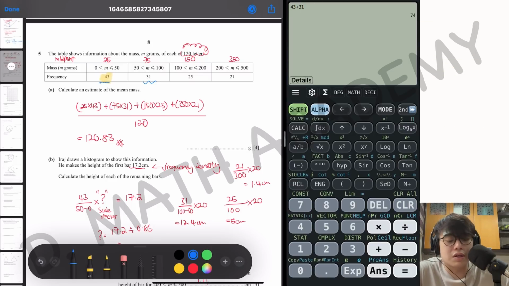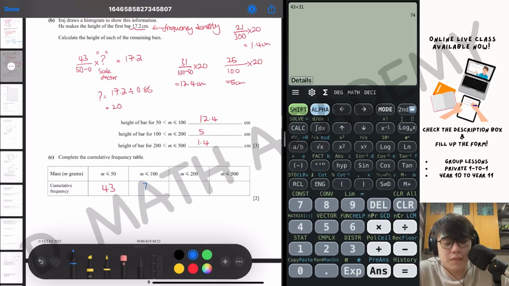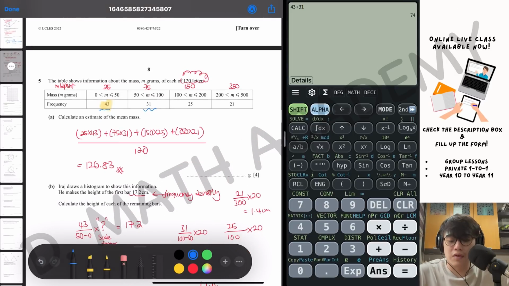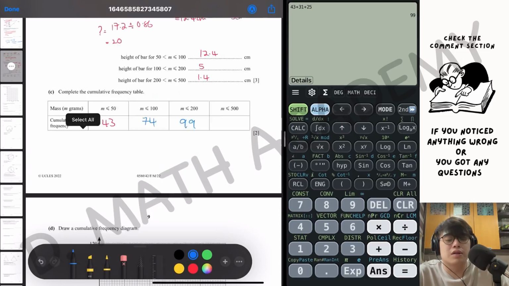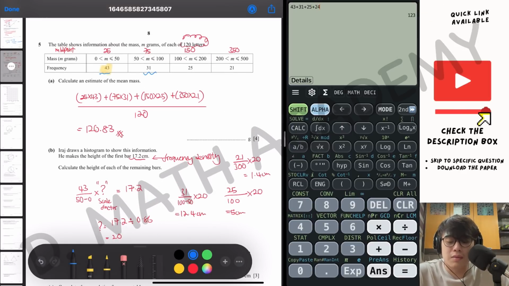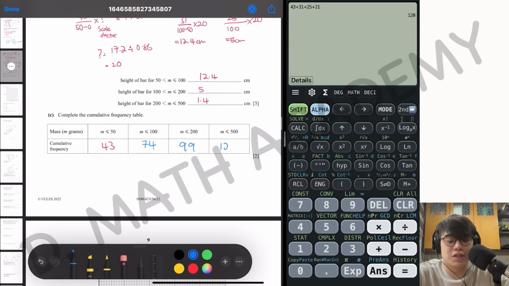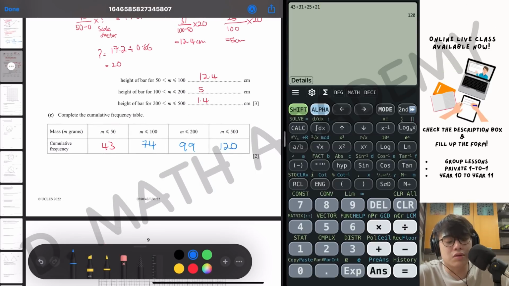Okay, you will get 74. Then from 74, you add another 25, it will be 99. And then the last one, when you add 21 in, make sure that it matches up with 120 letters, which is this. So that's how you get it sorted out.